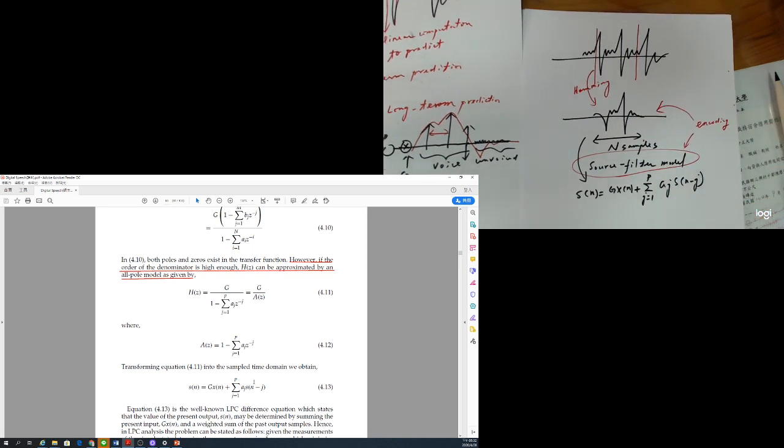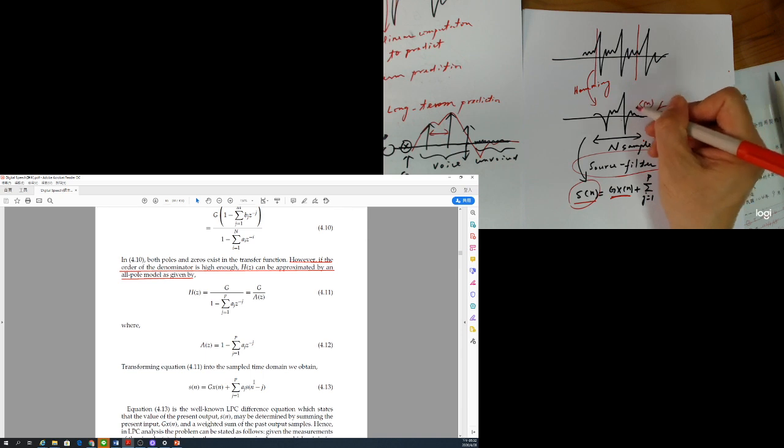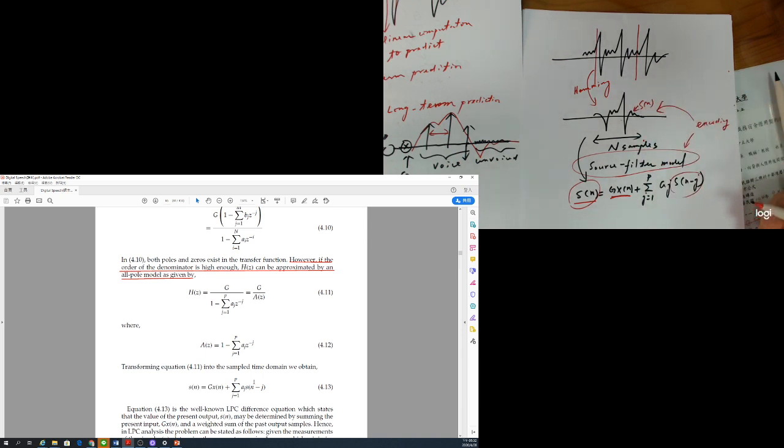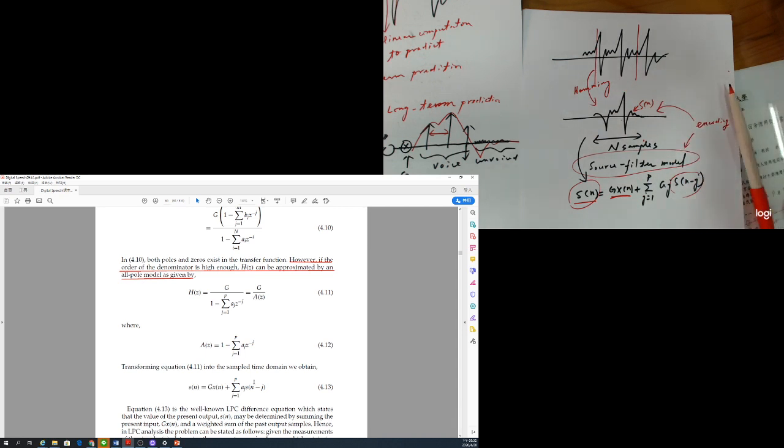You can see this is our trigger signal. These are recorded speech. Based on this, this is your S of n. So from S of n we try to find the best coefficients.